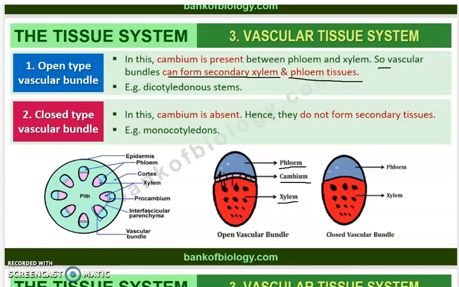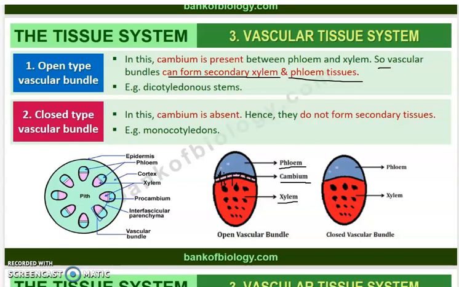Right? Now, an example of the plants where we see this cambium is the dicotyledonous stem. So in the dicotyledon stem portion, we can find such a type of vascular bundle, that is the open type vascular bundle. Right? Now let us learn about the closed type vascular bundle.